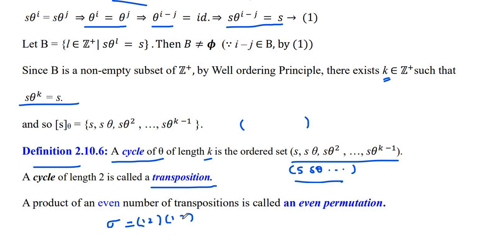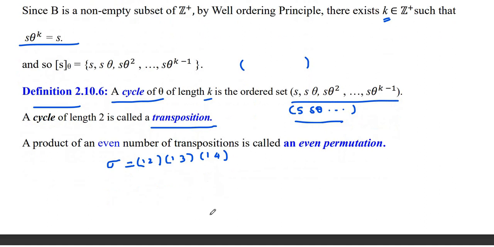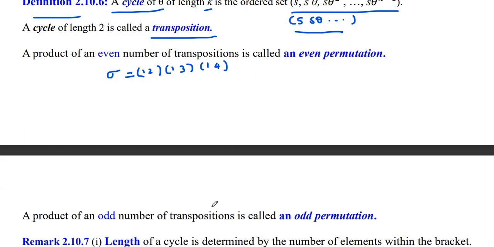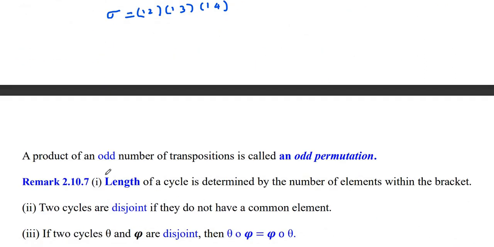Then in that case we call sigma an even permutation. Suppose sigma is a product of 3 transpositions. In that case, we call that odd. So if we have only an even number, we call that an even permutation. If we have an odd number of transpositions, then we call that an odd permutation.